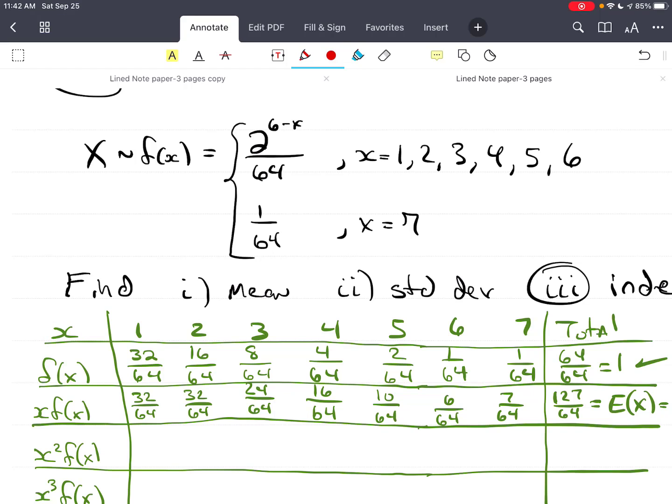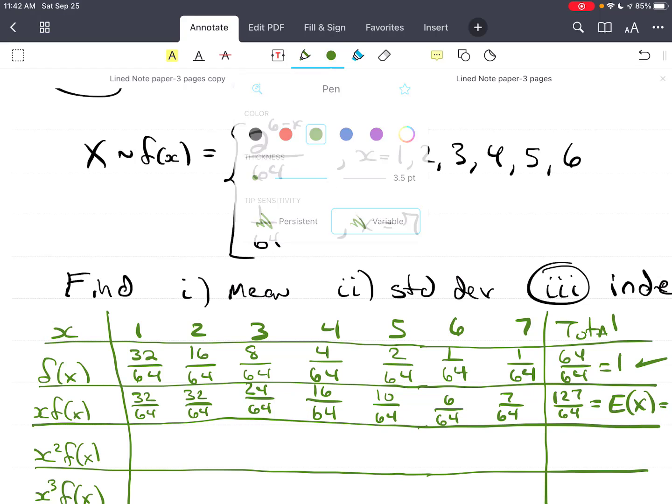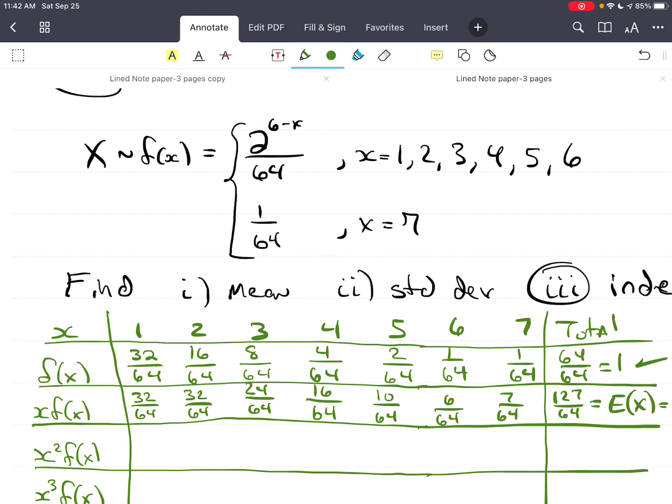Okay, so I'm going to take 1 times 32/64. That's x times f of x. So that's going to give me, again, 32/64. Now, 2 times 32 is going to give me 64 over 64. 3 times 24 is going to give me 72 over 64. 4 times 16 is 64 over 64. 5 times 10 is 50 over 64.